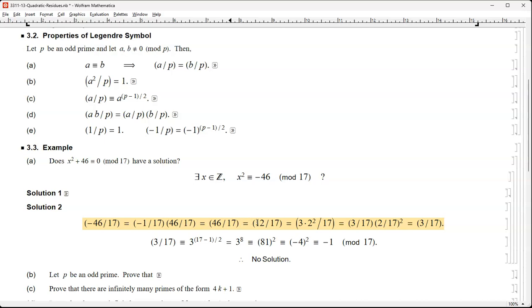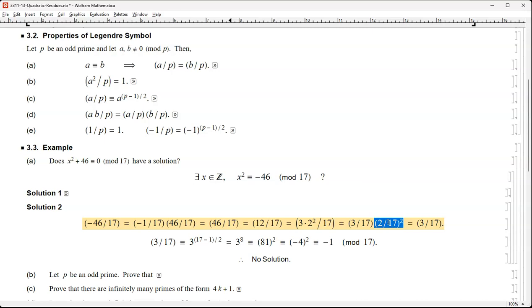And that's congruent to 12 because, let's see, 46 is 34 plus 12. And 34 is 2 times 17, so that's actually 0, adding 0, so it doesn't change. And then 12 is 3 times 2 squared, and we can use this property to decompose into (3 over 17) times (2 over 17) squared.